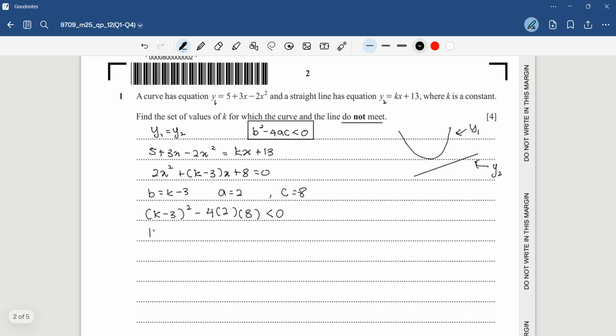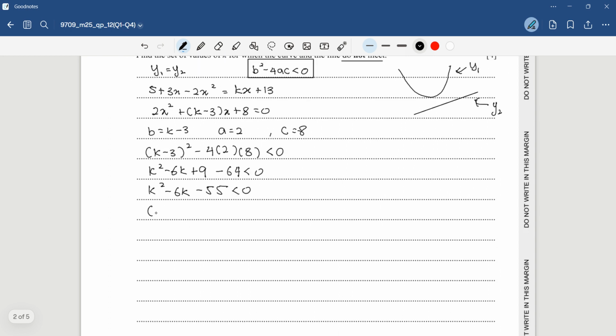So k squared minus 6k plus 9 minus 64 less than 0. So k squared minus 6k minus 55 less than 0.